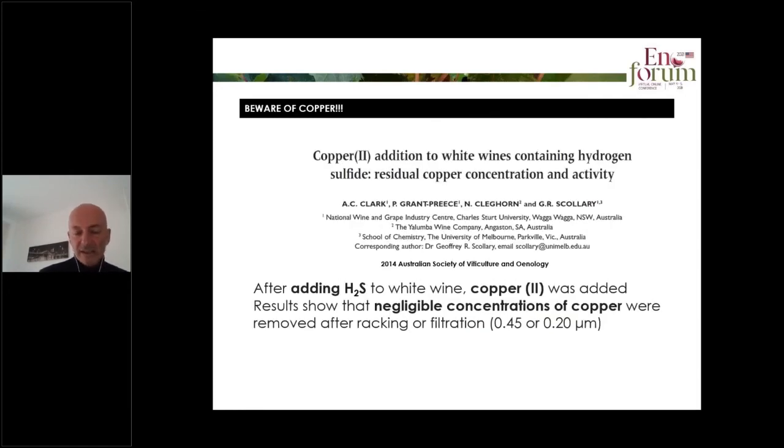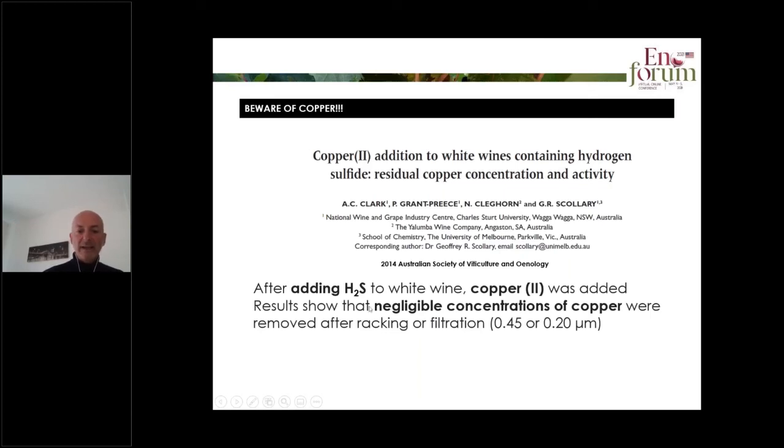And this is getting close to the end of my presentation, but I wanted to mention also this article, Beware of Copper. This study was conducted in Australia after adding H2S to a wine and copper in the form of copper sulfate, they did racking and or filtration. And filtration was very tight because it was 0.45, 0.2 microns, okay?